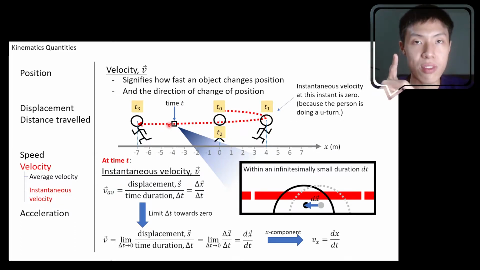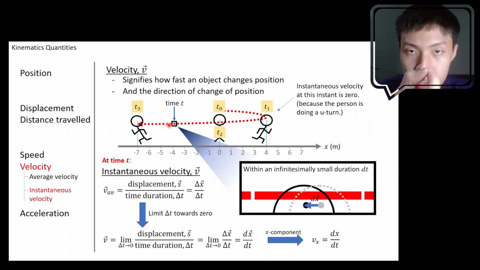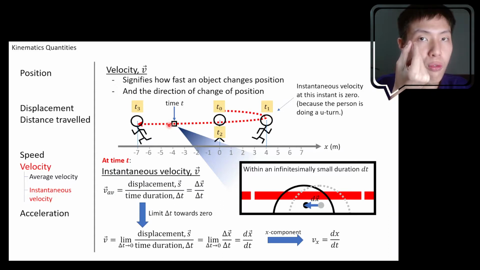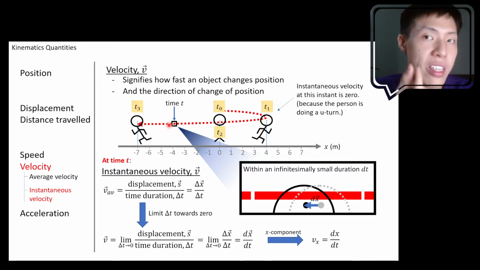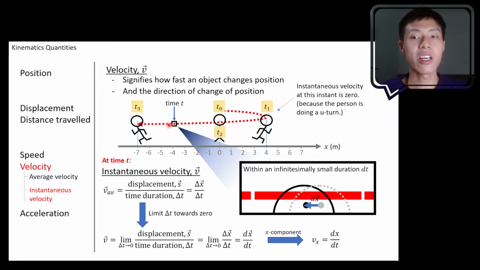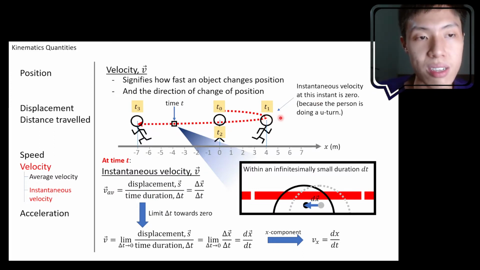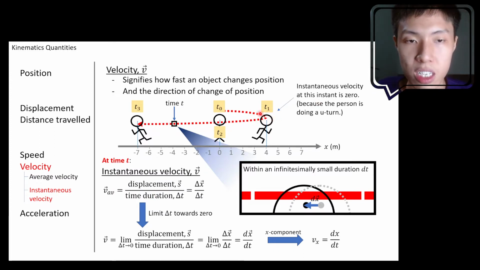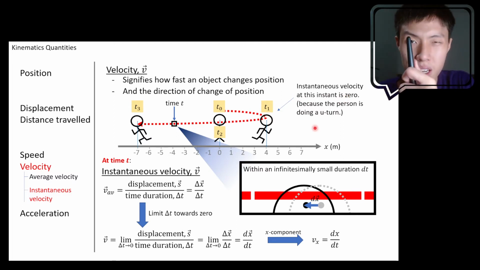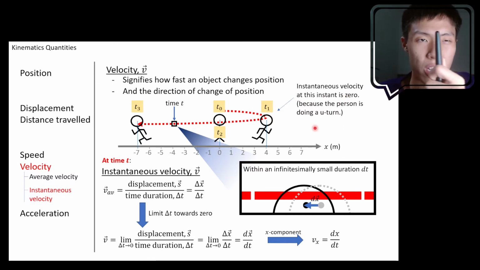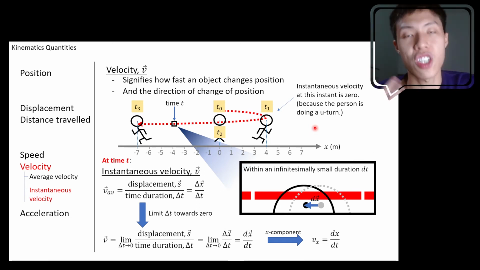For instantaneous velocity, you focus on a specific moment, and because it's such a small moment, you need to know for sure what is happening within it. The only instantaneous velocity that we know is at this specific moment t1, where the instantaneous velocity is 0, because the person is making a U-turn. Expect a little stop before changing direction.